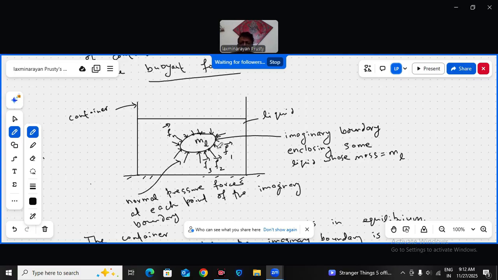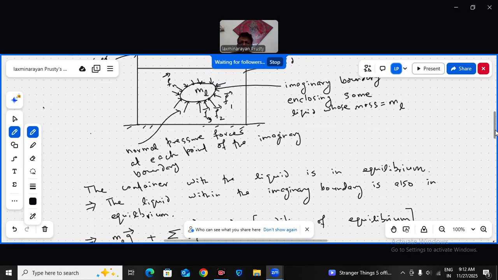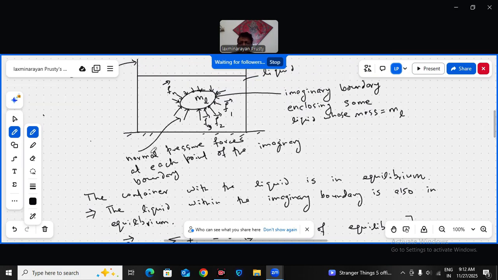These are the pressure force at each point of the boundary. There will be infinite forces like this, Fn here, because there are infinite points, so there will be infinite small f's. Small f is the normal pressure force at each point of the imaginary boundary, that is Fi.